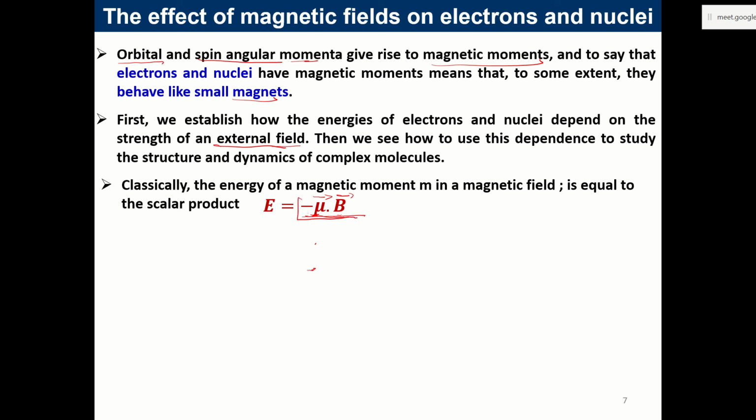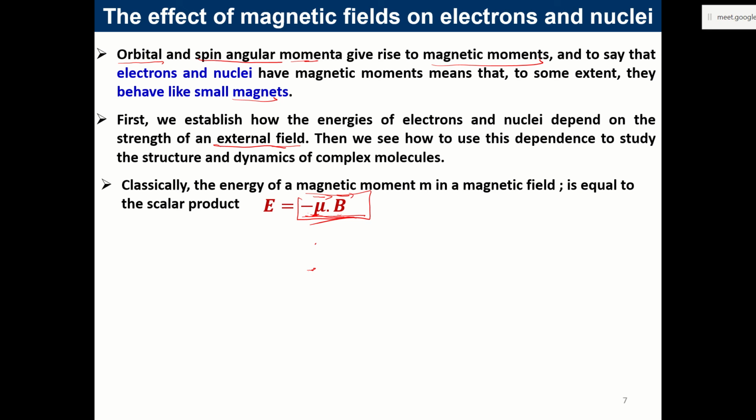This is coming from the Biot-Savart law. You have that magnetic field and magnetic moment, and from there, if you try to derive this, we can arrive at this equation for the energy of interaction.